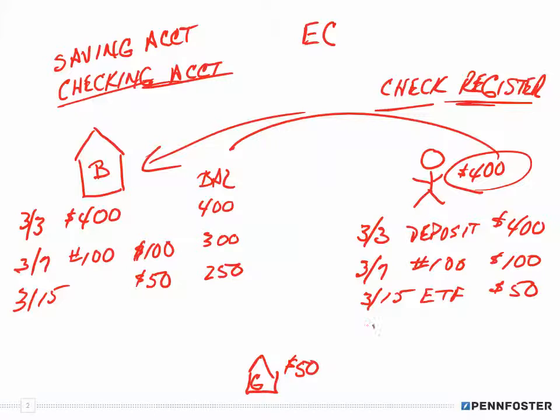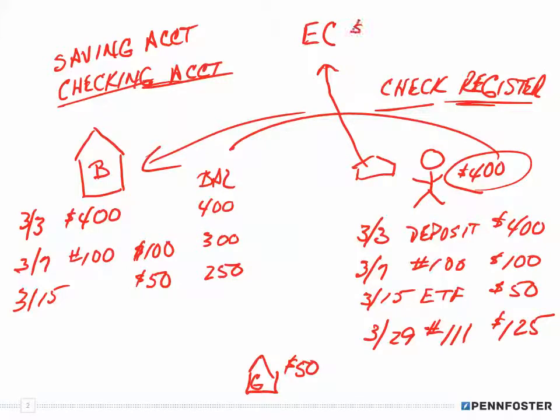So let's call this the 29th of the month, and you're going to write check number 111 for $125, and put it in an envelope, take it to the post office, and mail it to the electric company.